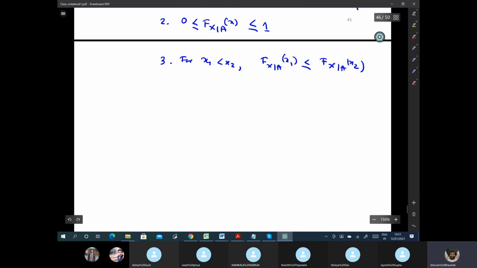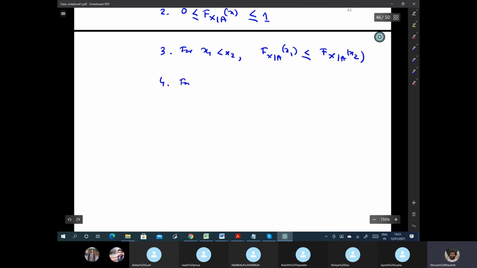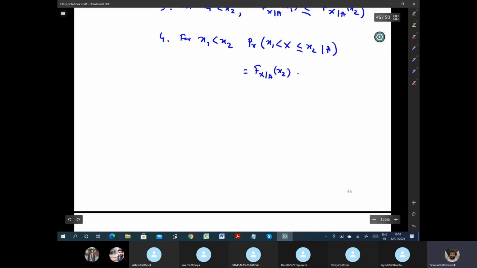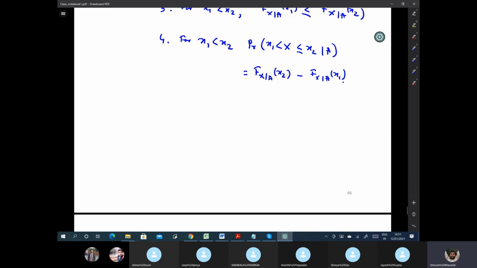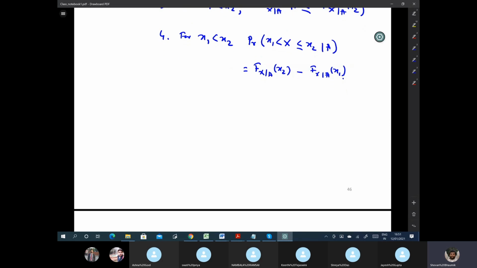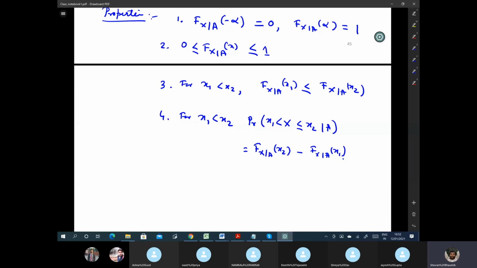For x1 less than x2, the probability of x1 less than X less than or equal to x2 given A will be equal to F of x2 given A minus F of x1 given A. So these are all the same, because it is a CDF, so all the same formulas will be followed.